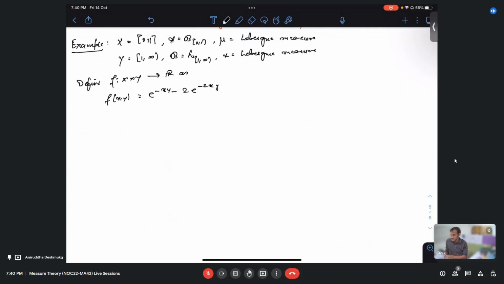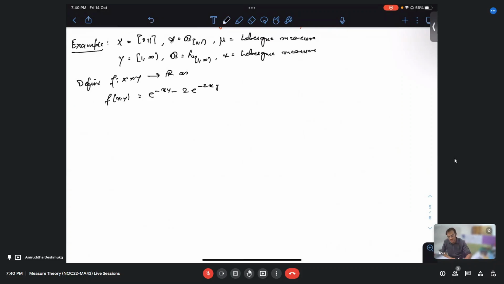So again, to look at this in a proper way, we have to look at this function.